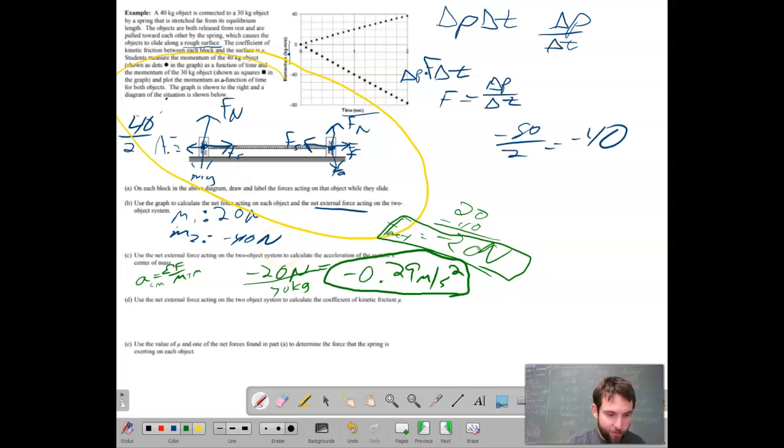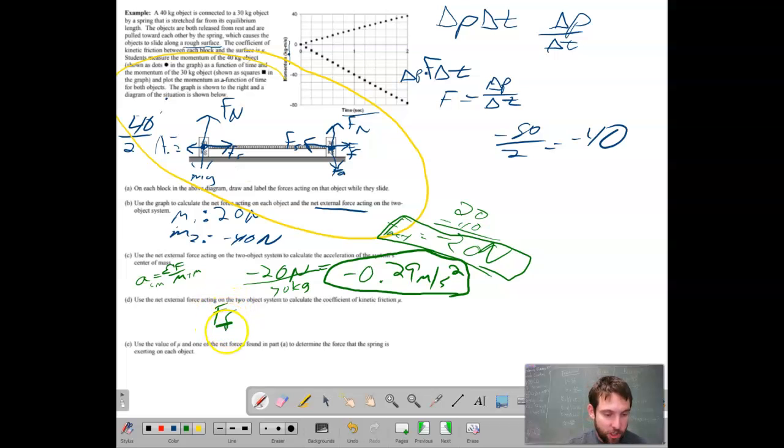Use the net external force acting on the two-object system to calculate the coefficient of kinetic friction. Okay, so we know the net force is negative 20 newtons, or 20 newtons to the left. So if we're only looking at the kinetic friction, we can look at our frictional forces. We'll have the friction on the 30 kilogram object, because that's going to the right, so that's the stuff that makes it go.